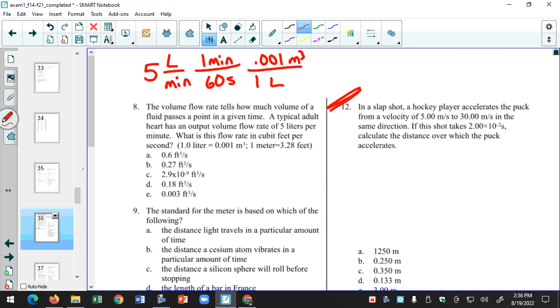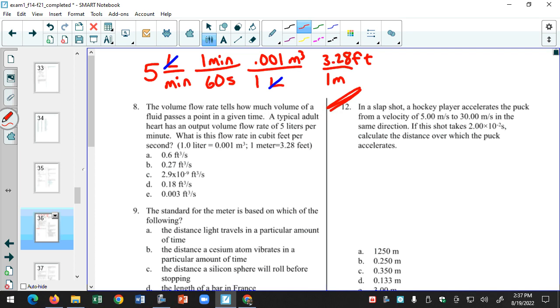Look, that cancels out the liters and leaves me with cubic meters. So a liter is equivalent to 1,000th of a cubic meter. Then I know that a meter is 3.28 feet. So 1 meter is 3.28 feet.